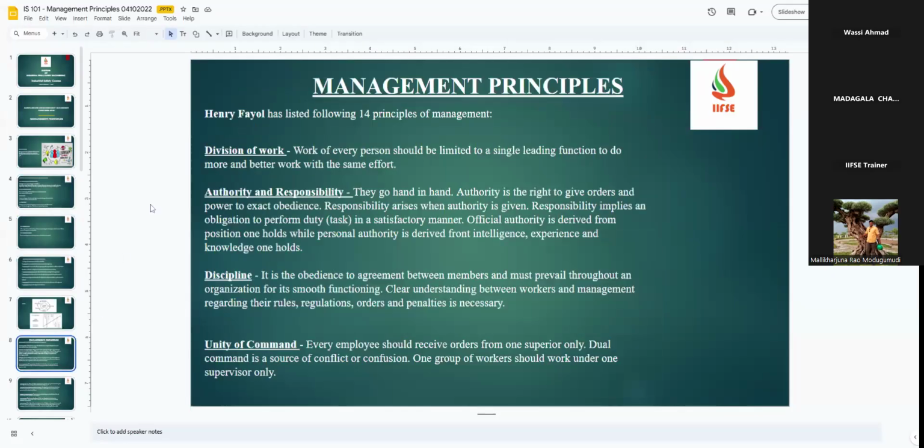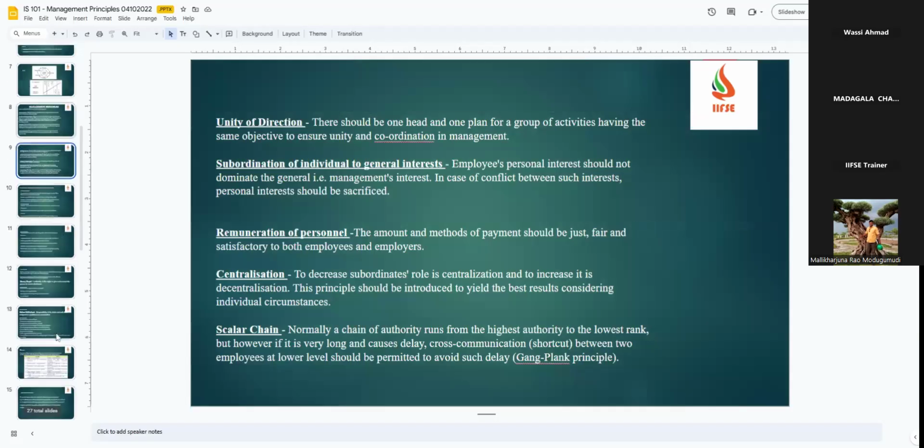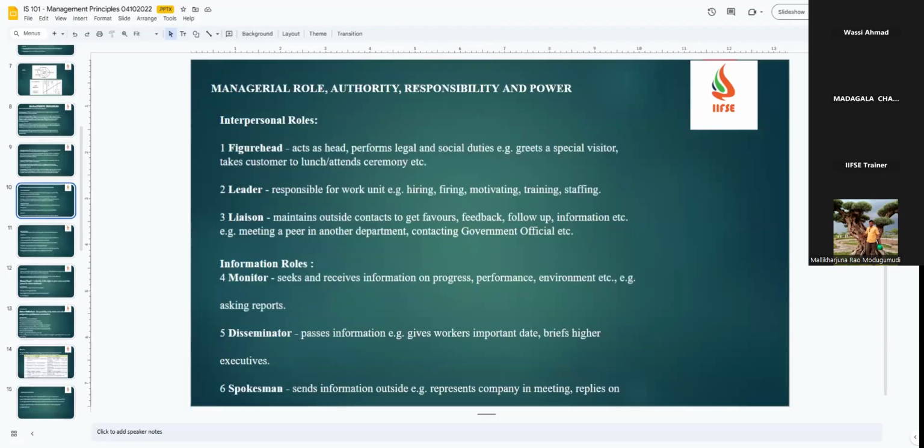Then we talked about Henry Fayol's 14 principles of management, which talk about division of work, authority, discipline, unity of command, unity of direction, subordination, remuneration, centralization, chain of command, scalar chain, etc. Then we also talked about the different managerial roles, or if you become a manager, what are the various roles you play in the organization.